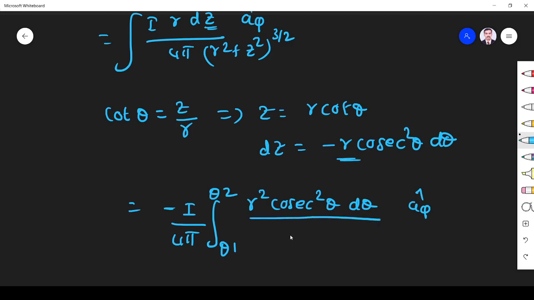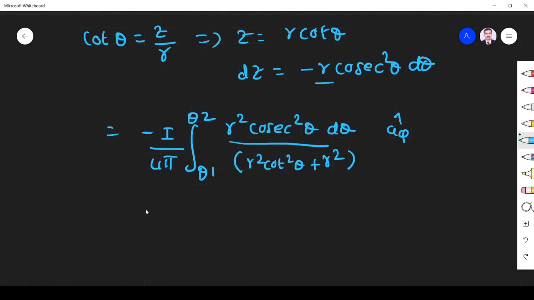Okay, 4 pi I have taken outside, divided by r squared. R is nothing but r cot theta. So sorry, z is equal to r cot theta. So r squared cot squared theta plus r squared. Right. This is my z. So if you simplify, what happens? I can take outside minus I by 4 pi.